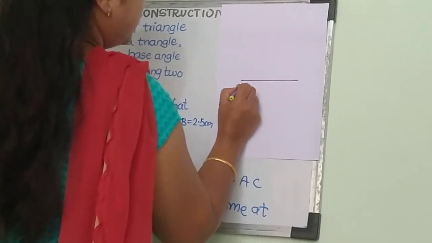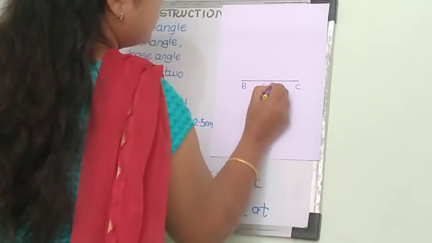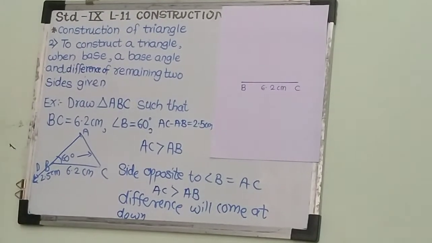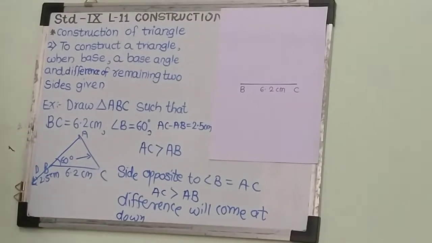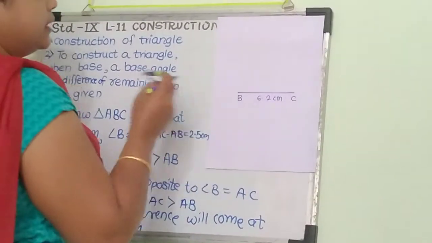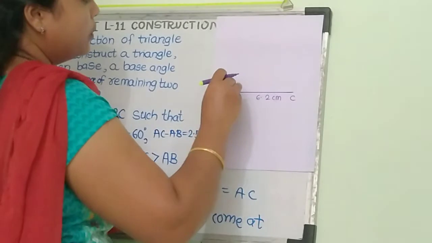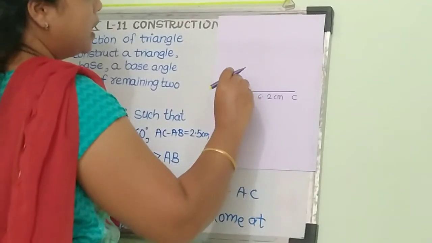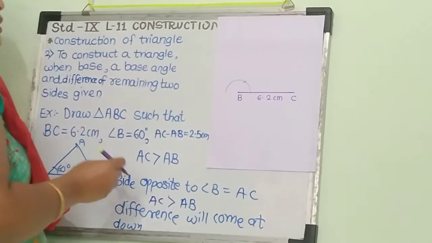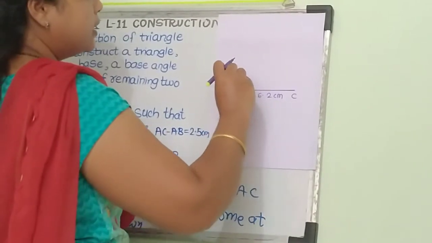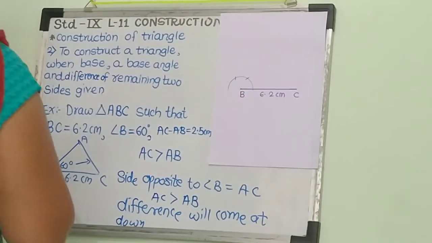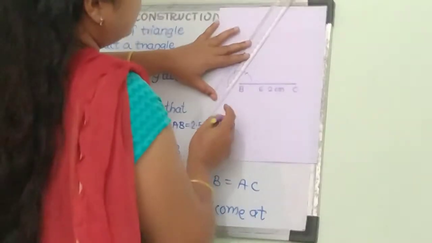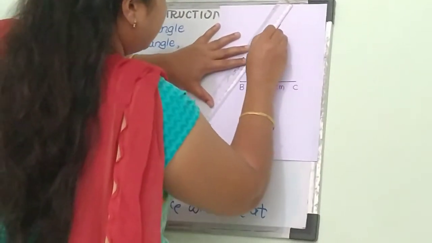So here I am B, C, 6.2 centimeter. After that we have to draw the angle of 60 degree. For 60 degree we are going to draw the semicircle and we are going to mark the arc. The first arc it is of 60 degree and second arc it is of 120 degree. So we required here 60 degree. So I will draw here 60 degree angle.